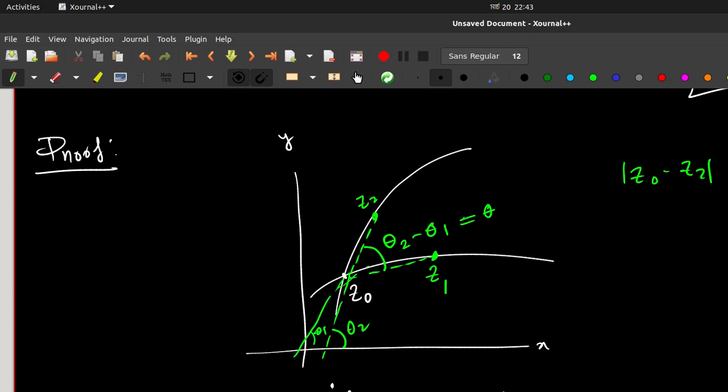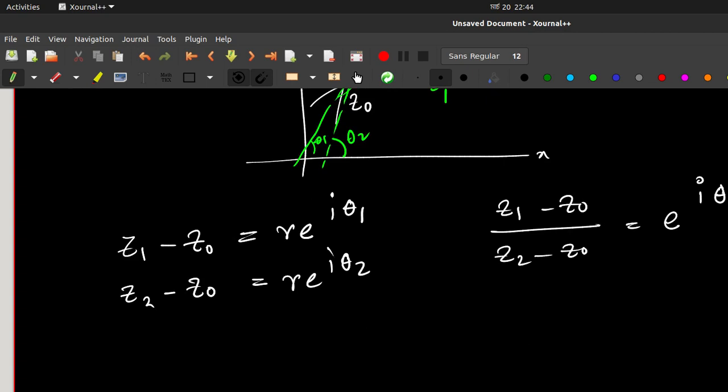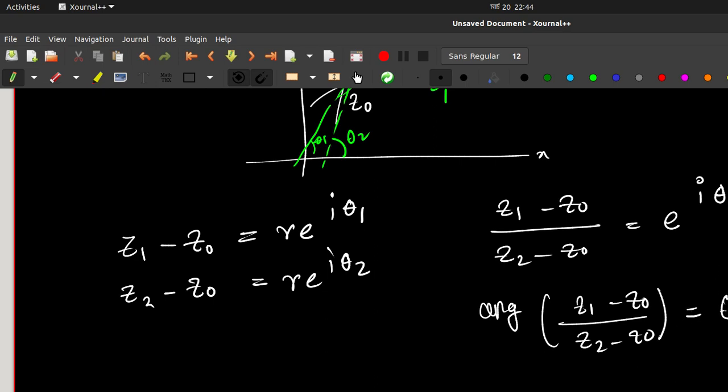If you divide these two, you will have z2 minus z naught over z1 minus z naught as e to the power i theta, that is, e to the power i (theta 2 minus theta 1), which we write as theta. So now let's try to do something interesting: from here you can see that the argument of this quantity, z2 minus z naught over z1 minus z naught, is just theta.